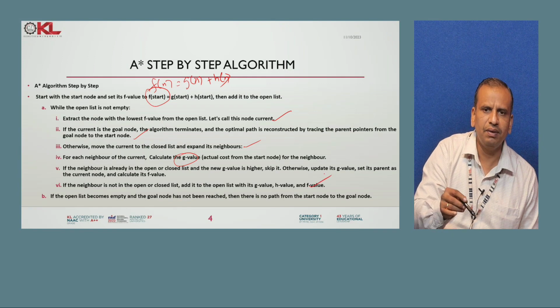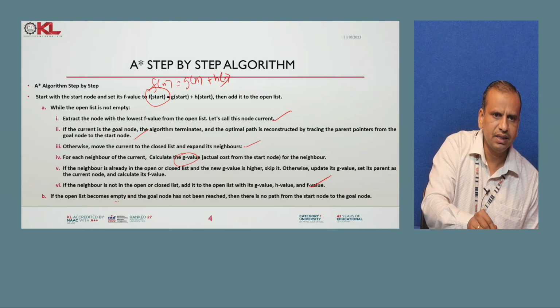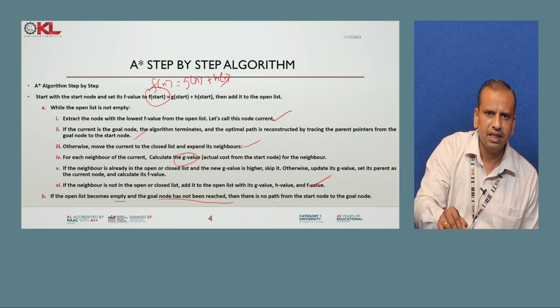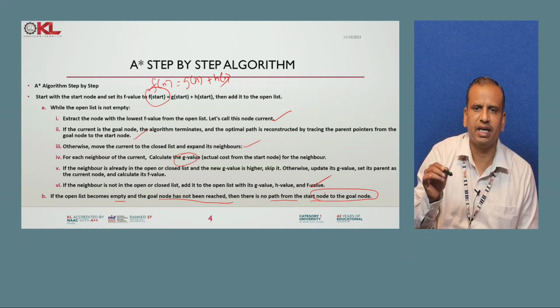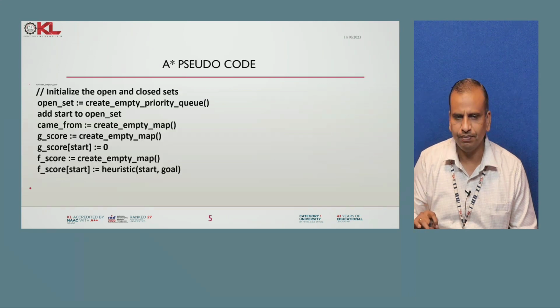If the open list becomes empty and the goal node has not been reached, then there is no path from the start to the goal state, and we can declare this. This is a very simple algorithm, A star.